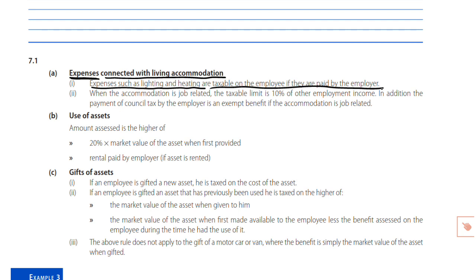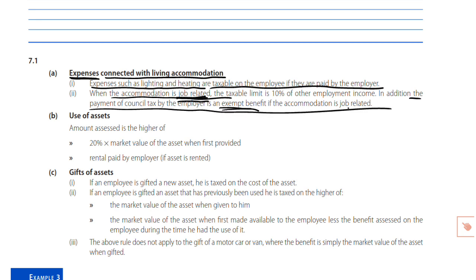If that is paid for, again, by the employer, then that's going to be an assessable benefit on the employee, with one exception. When the accommodation is job-related. If it's job-related, then the payment of council tax by the employer is an exempt benefit, if again that accommodation is job-related. So that wouldn't go in.